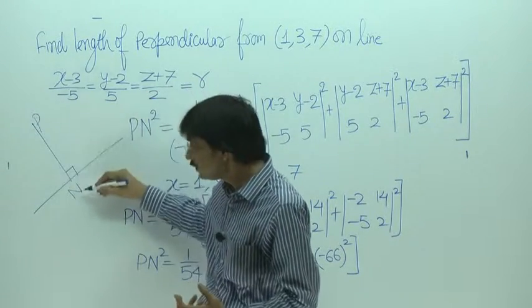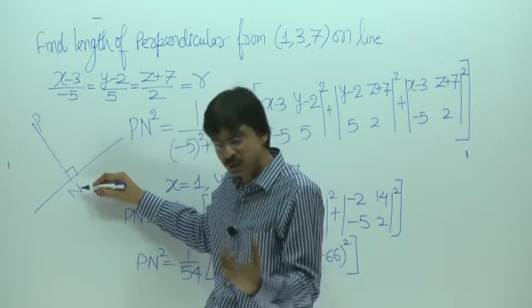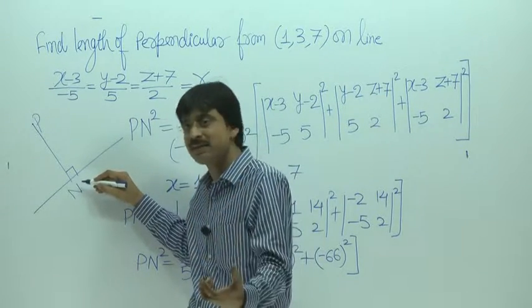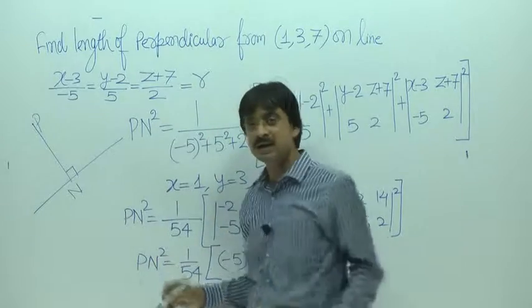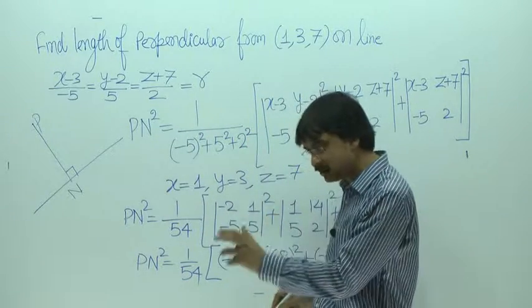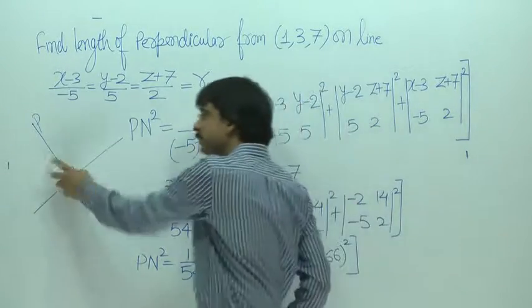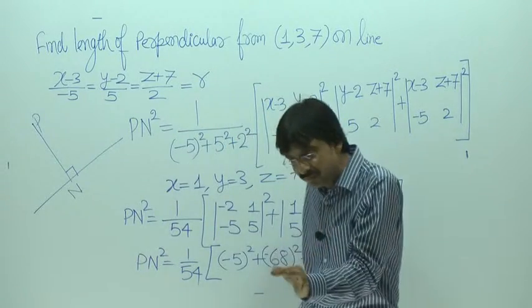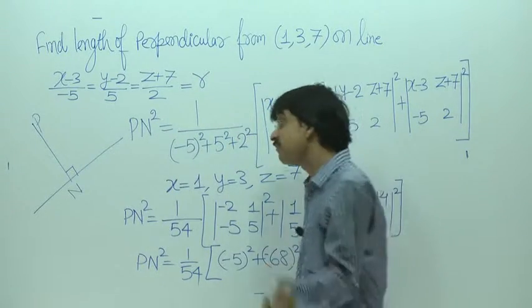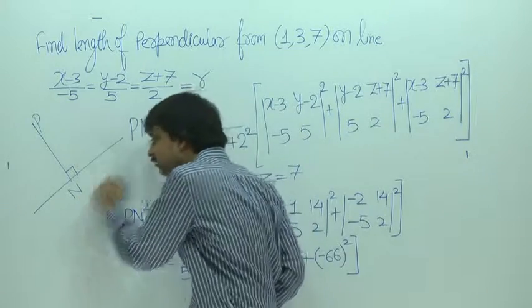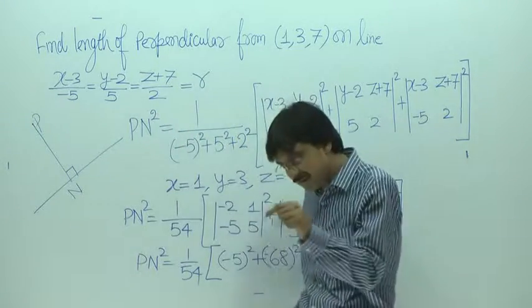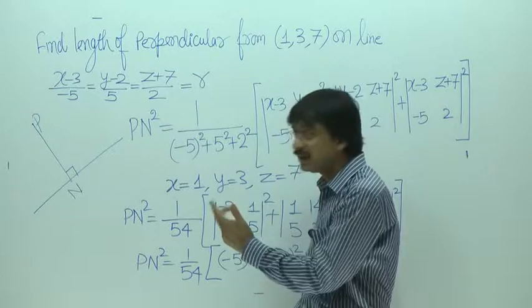Then you calculate the direction ratios of PN as x2 minus x1, y2 minus y1, z2 minus z1, and apply a1a2 plus b1b2 plus c1c2 equals 0, since these two lines are perpendicular. Then you find the value of r, and based on it you get the foot of perpendicular. After finding the foot of perpendicular, you calculate the length of perpendicular.